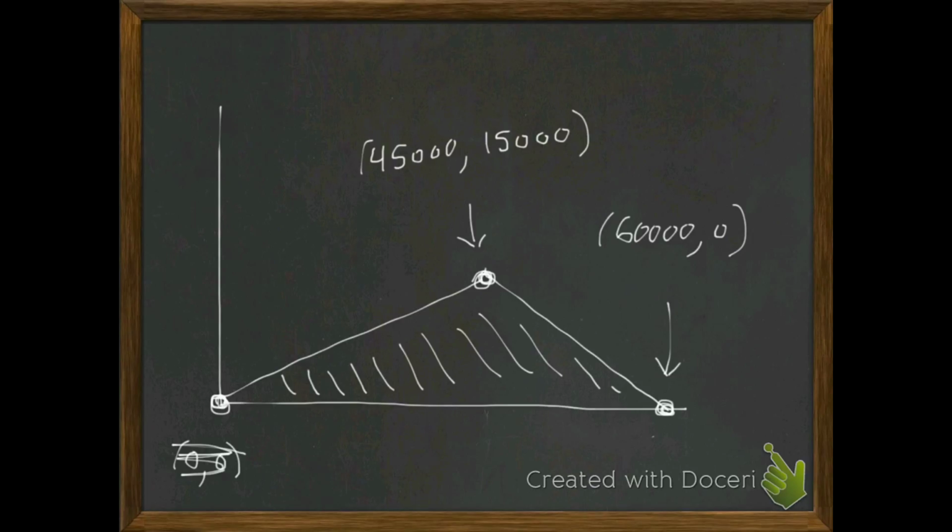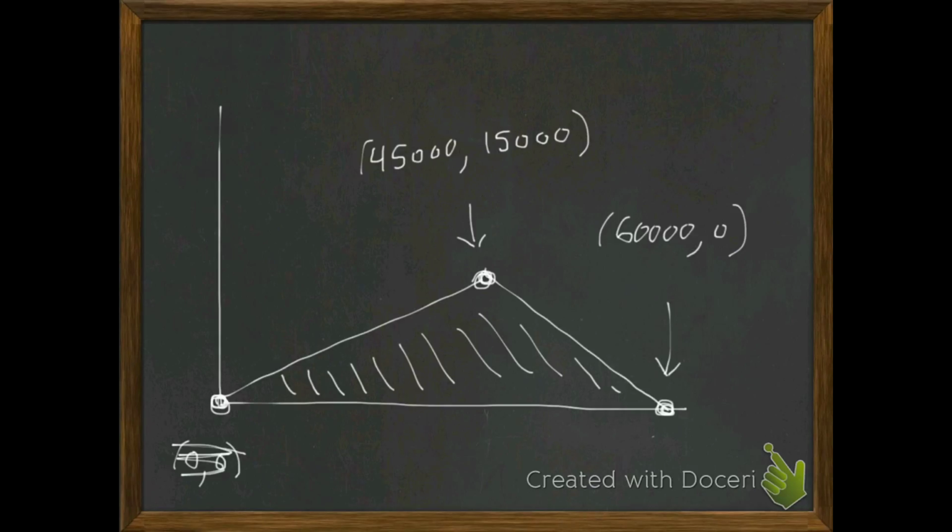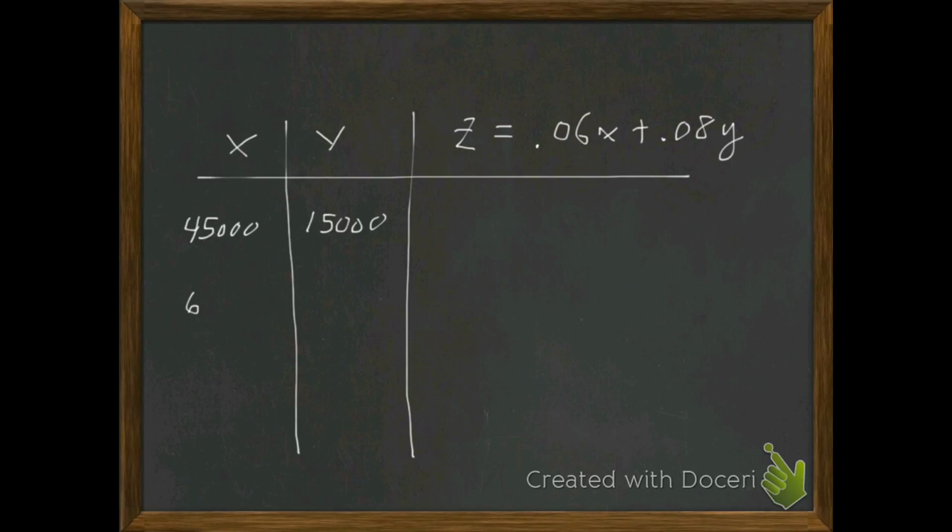That's not something we need to consider. So 45,000, 15,000, and the other is 60,000 and 0. So you can see in each case they've got 60,000 invested, and the amount in X is at least 3 times what we have in Y.